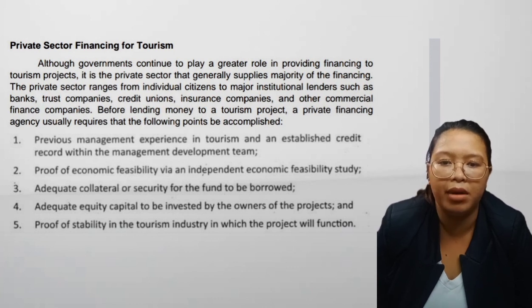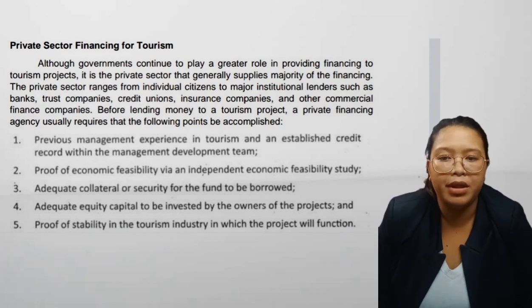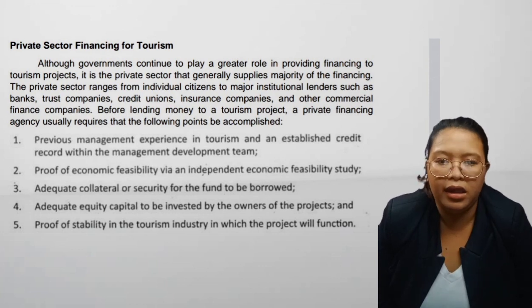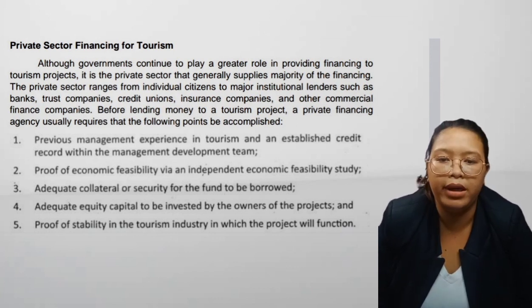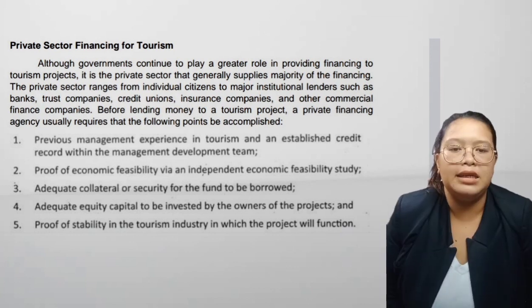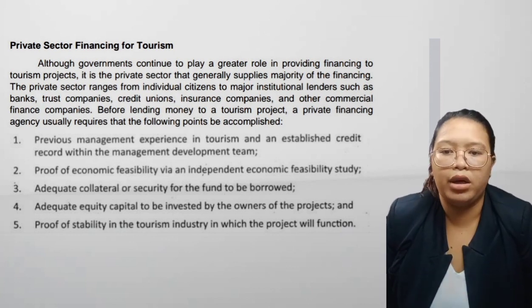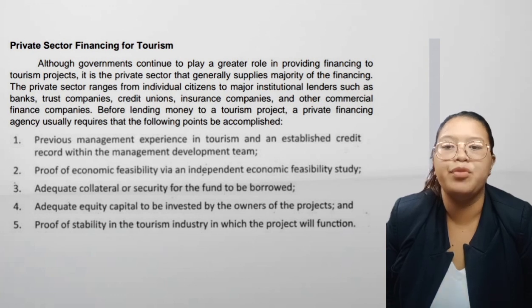Before lending money, a private financing agency usually requires that the following points be accomplished. Number 1. Previous management experience in tourism. Established credit record with the management development team. 2.